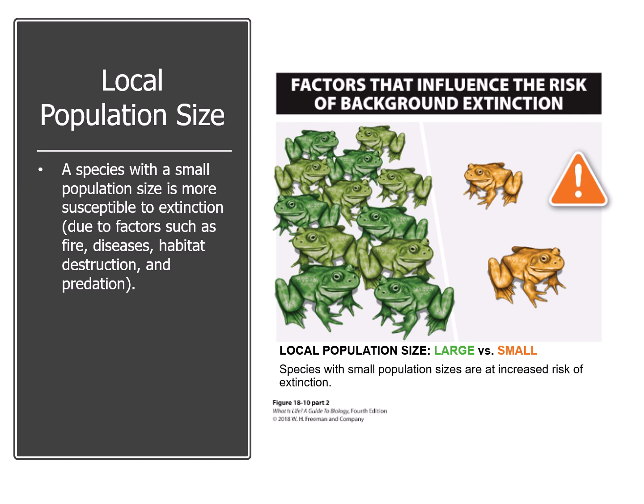The next factor that can influence the risk of background extinction is the local population size. If you have a hefty population size, you are particularly rich in your population density, then you're probably going to do fine. If a hawk or something comes along and takes away Barbara over there, well, no biggie. There's a ton of others of your species left to breed with and make more of that particular species.